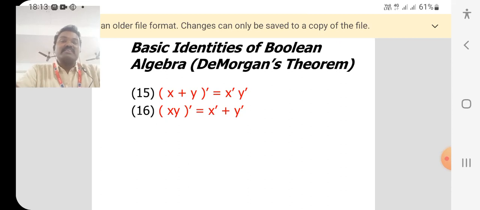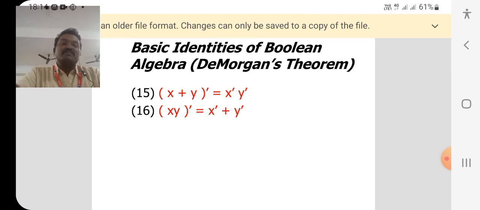So on the left hand side, the first one is 1. Then going to the right hand side, x bar dot y bar, 0 value dot 0 value, then bar.